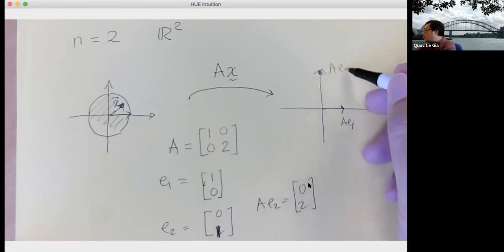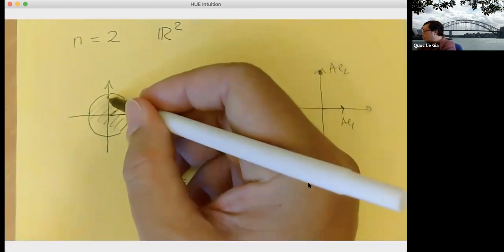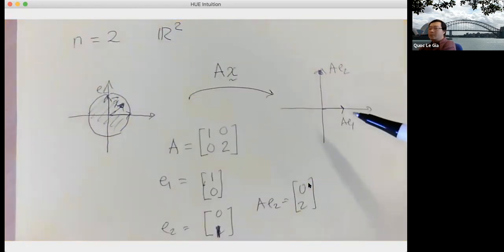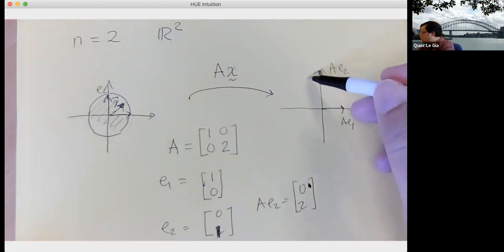So AE2 is here, and E2 is here. So now, what is the shape of the image? Is it a circle? Oval, exactly. So we get an oval like this.